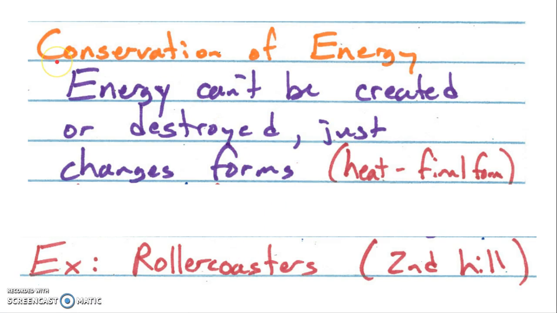This brings me to conservation of energy. We know that energy can't be created or destroyed, it just changes forms, just like we know momentum and matter can't be created or destroyed. And heat is that simplest form. We already talked about efficiency, how nothing can be 100% efficient or more than 100% efficient.